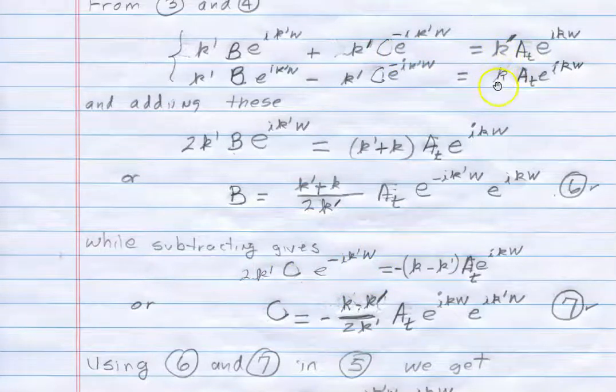I'll get k prime minus k, but I went ahead and factored out the minus to get k minus k prime with a negative sign overall. And then finally just divide through by 2k prime. So I get c equals minus k minus k prime over 2k prime times AT, and then I multiply through by e to the i k prime w to get equation 7.